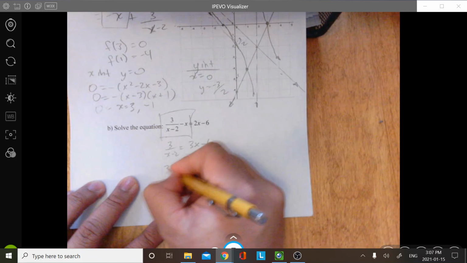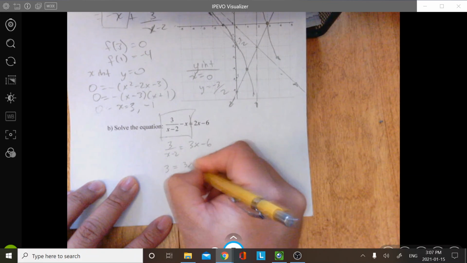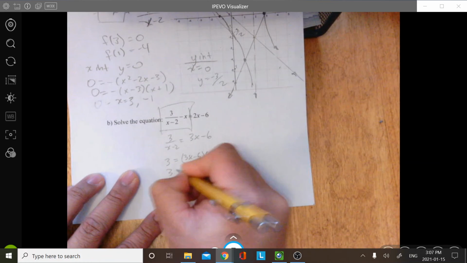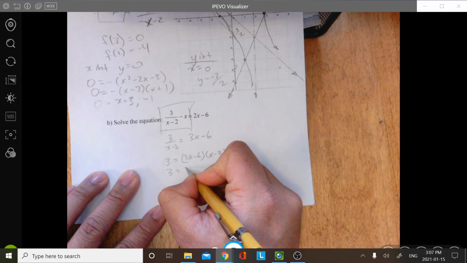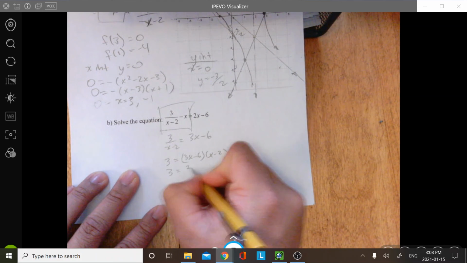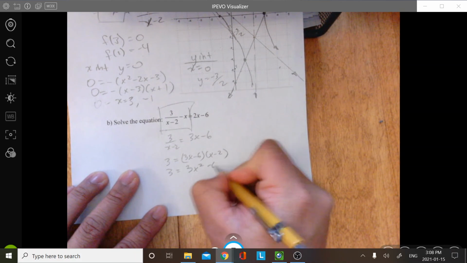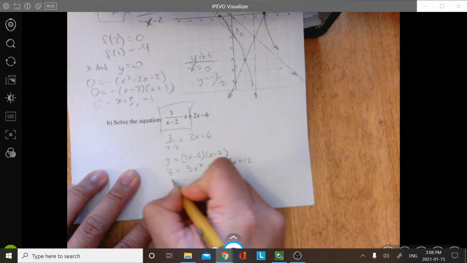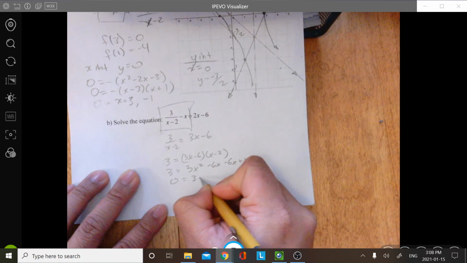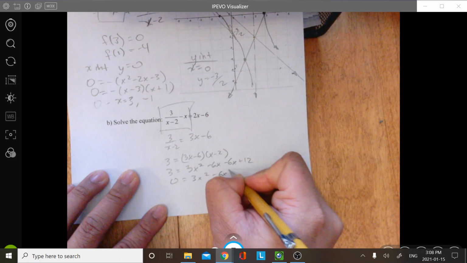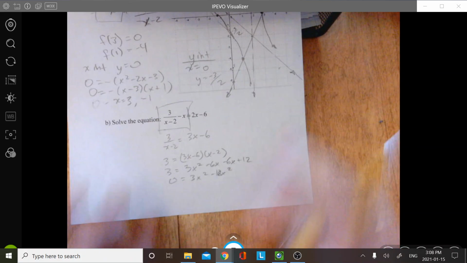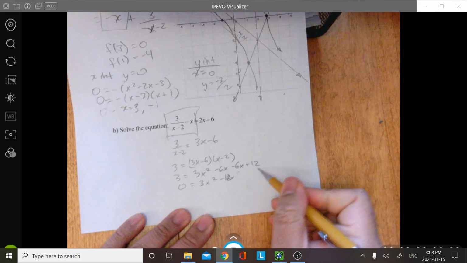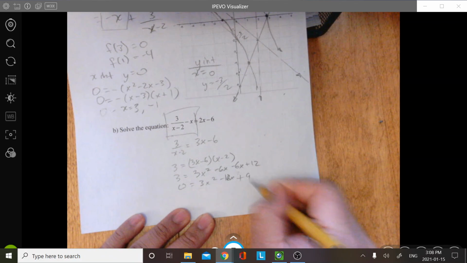Cross multiply, you get 3 equals 3x minus 6, times x minus 2. Foil, 3x squared minus 6x minus 6x plus 12. We get 0 equals 3x squared minus 12x. Move the 3 over, plus 9.